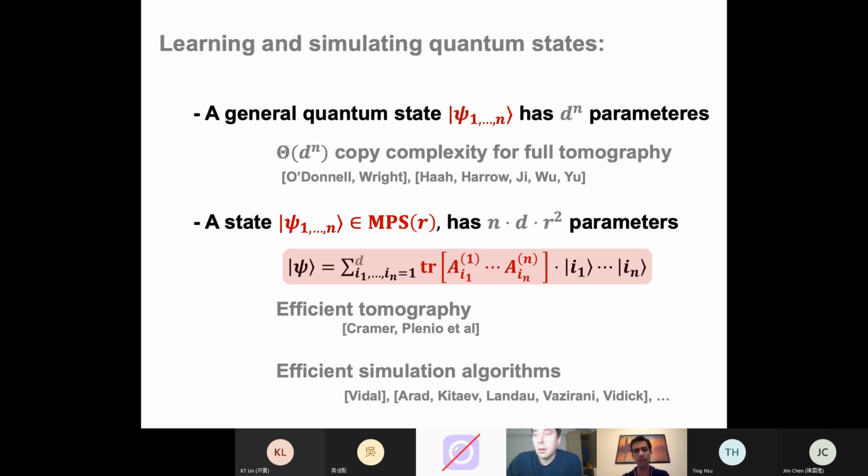But in contrast, an MPS with bond dimension R only needs n times d times R squared parameters to describe the entries of all of its matrices. This is linear in n, the number of qubits. And because of this concise description, and also the simple structure MPS has, we can have efficient learning or simulation algorithms for states represented by MPS.